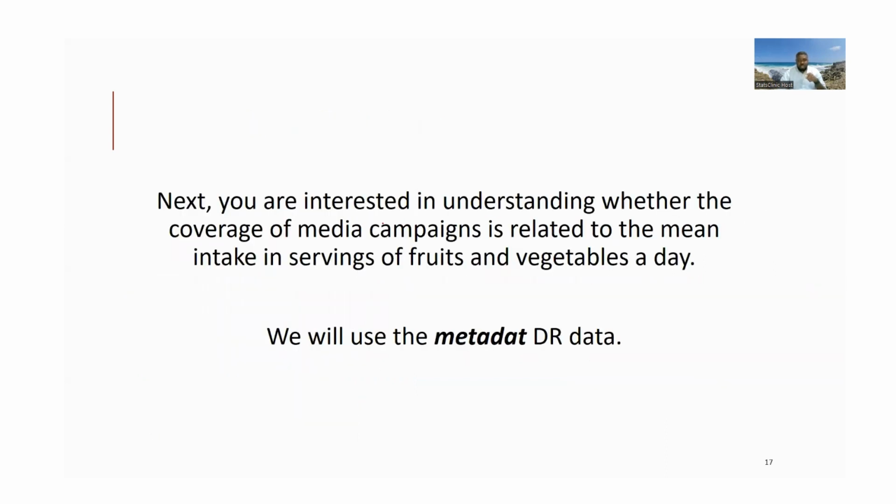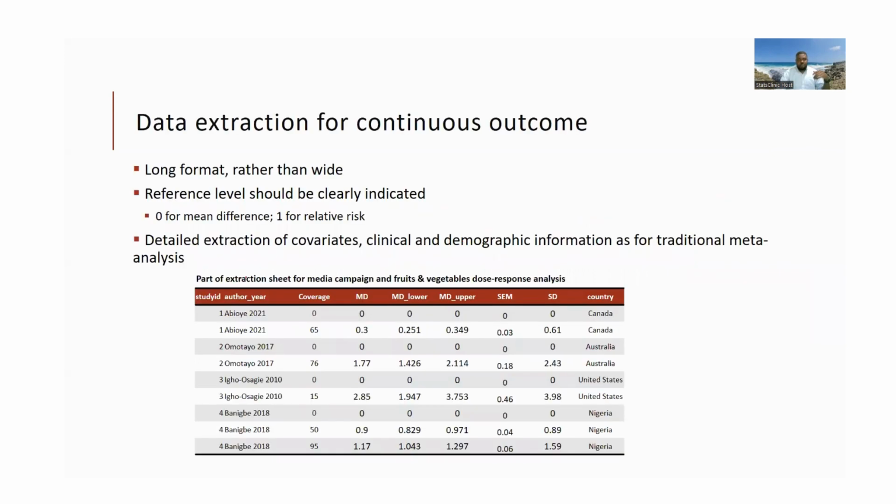So in this other example, you're interested in understanding whether the coverage of media campaigns is related to the mean intake. Remember, the last one was the proportion of those who were consuming more than 5 fruits and vegetable servings per day. Here you're saying just the mean intake in servings of fruits and vegetables per day. So we do the same thing, long format. The reference level here is 0 because we're looking at mean difference.